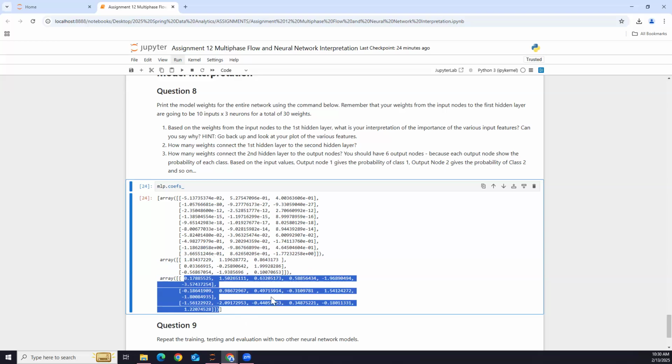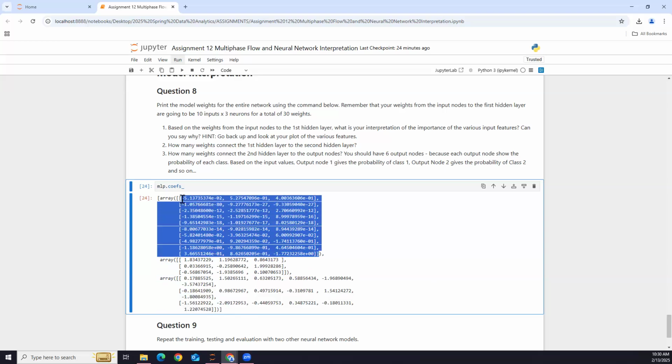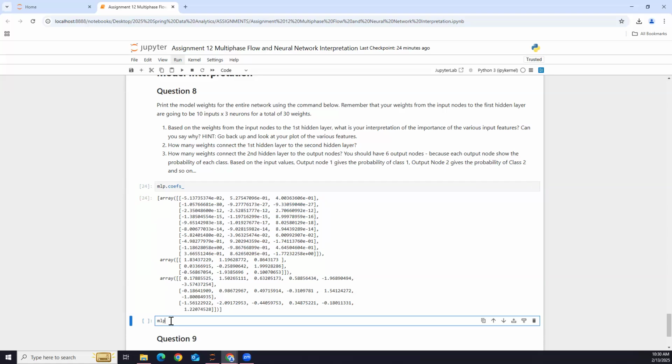And these represent the weights going to the output nodes. But I'm only interested in what's happening from the input nodes to the first layer. So what I'm going to do is just focus on that alone. So we're only going to look at the first instance of the weights.